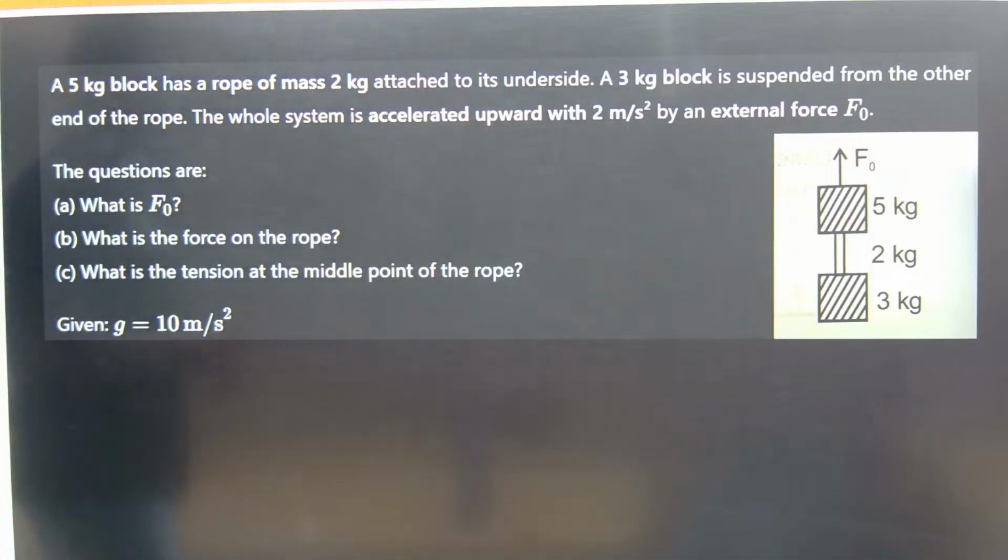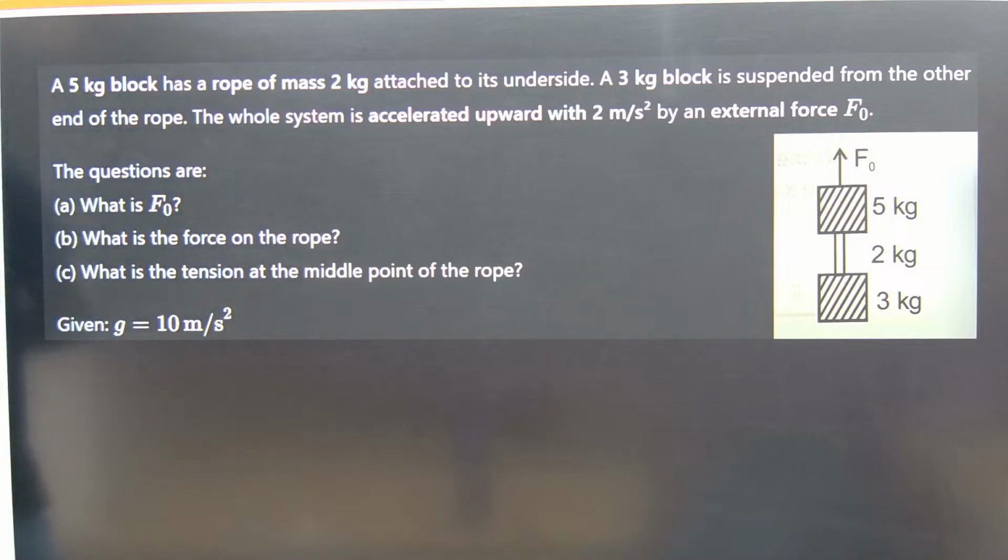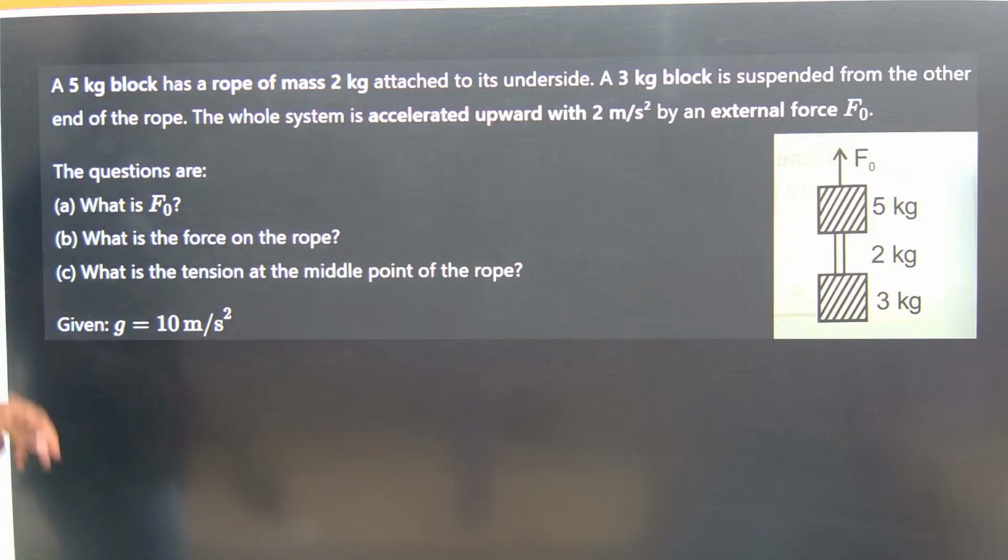Okay. So, first we will find F naught. I'll take a pen.